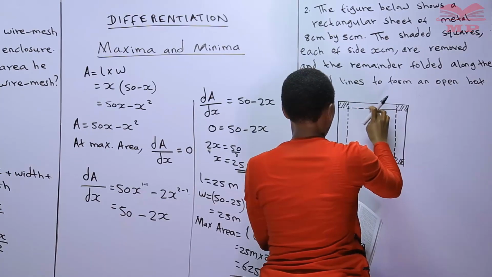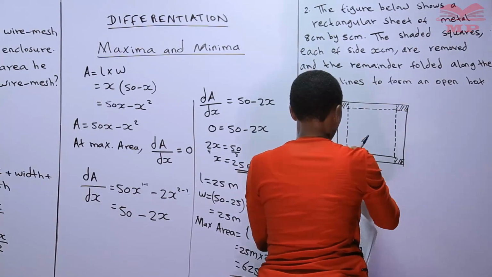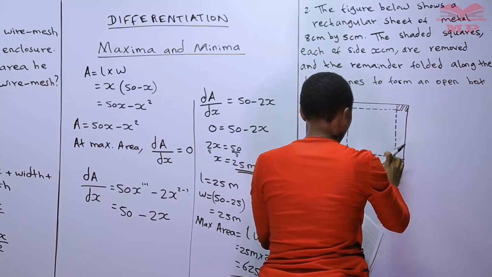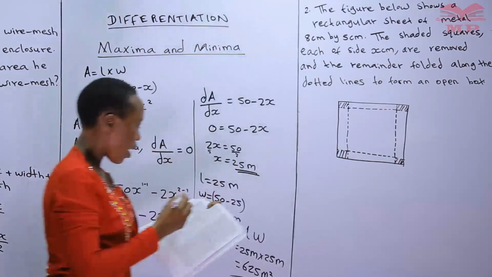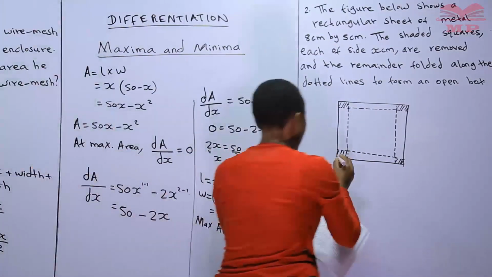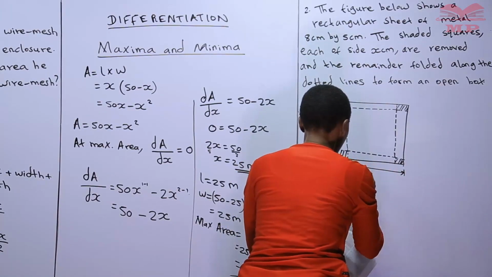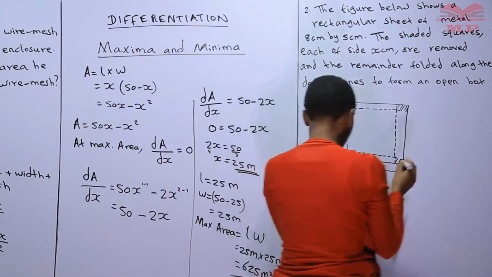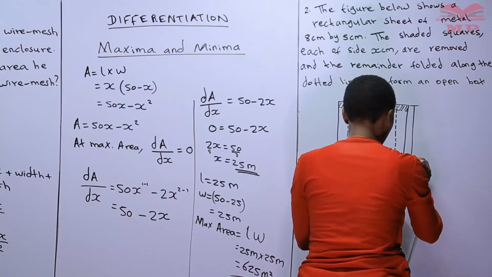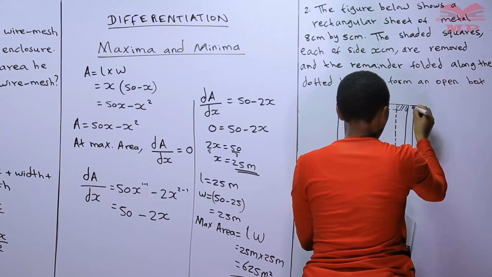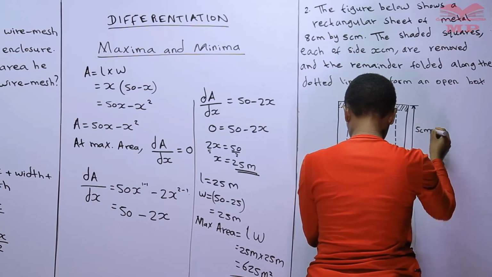They are cut along the dotted parts. That's what we have. And then we've been given that the distance from this point to this point is 8 centimeters. And from this point all the way to this point is 5 centimeters.